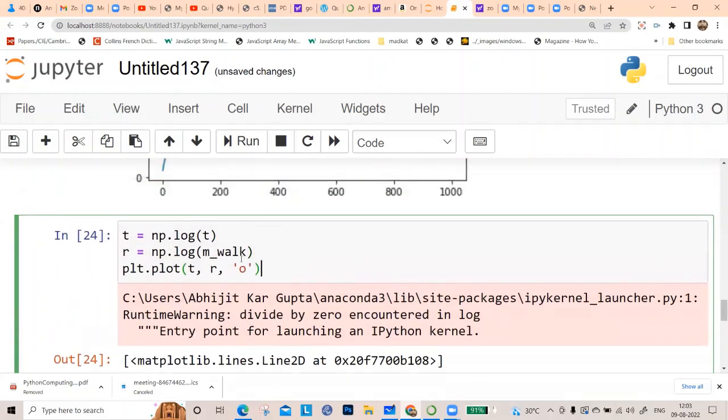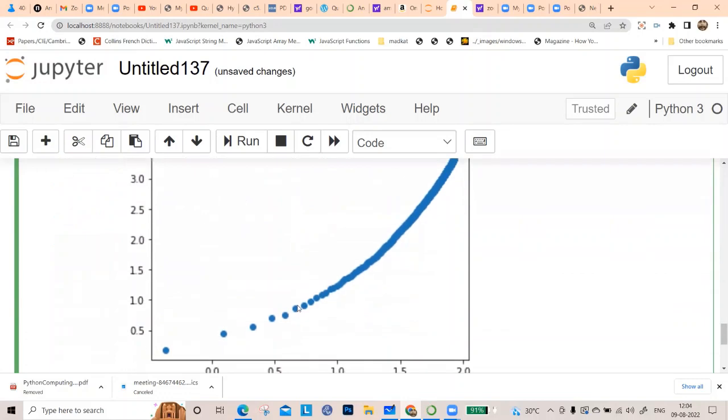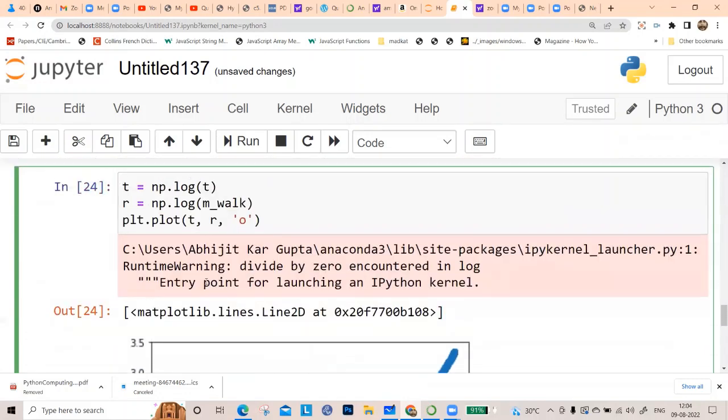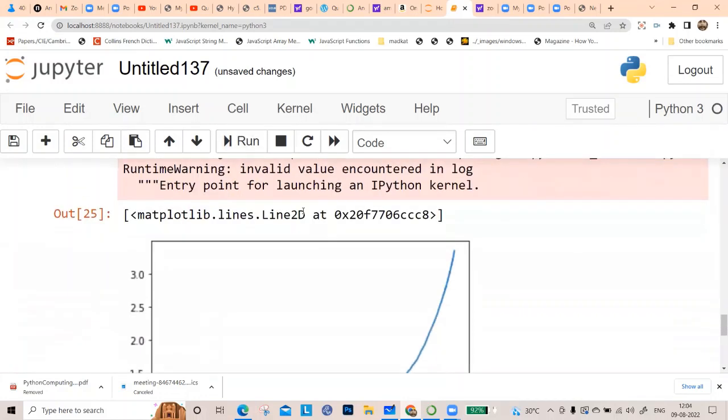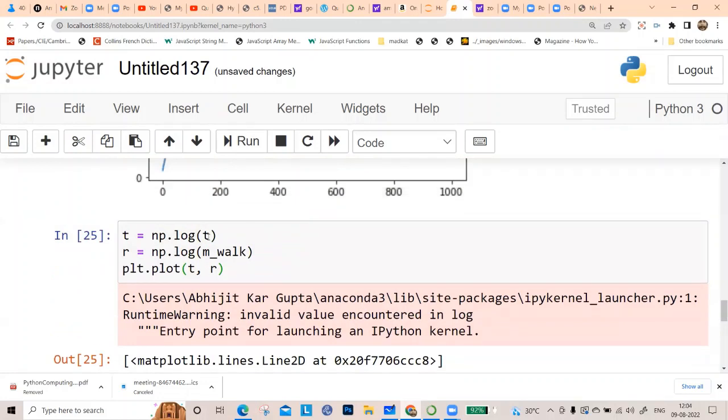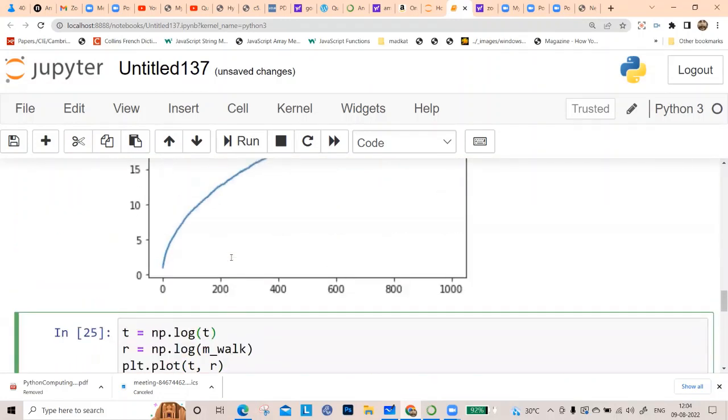I'm sorry. plt dot plot. What is happening? No, log plt dot plot should actually work. What happened? Something happened.